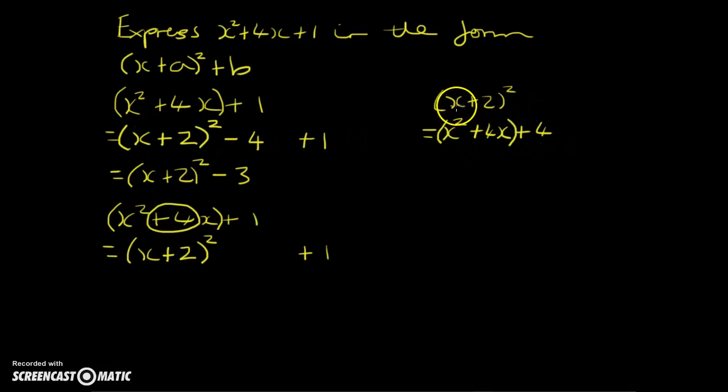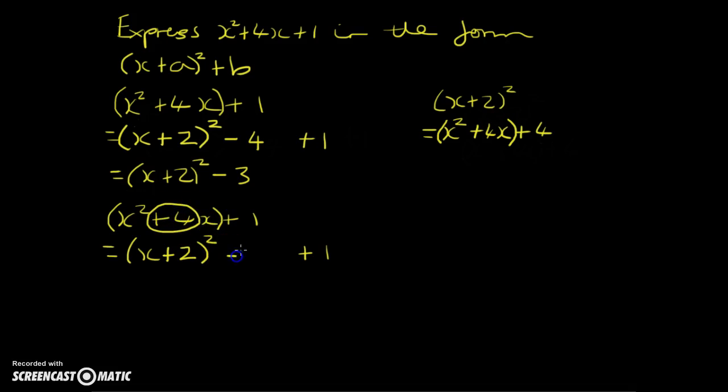Now if we go back to here, when you expand this, to get the 4x, we double the 2. So if we're going back the way into the squared format, the opposite of that is halving. So when we expand, we double. When we refactorize, I suppose you might call it, we half. That's why we half the number in front of the x.